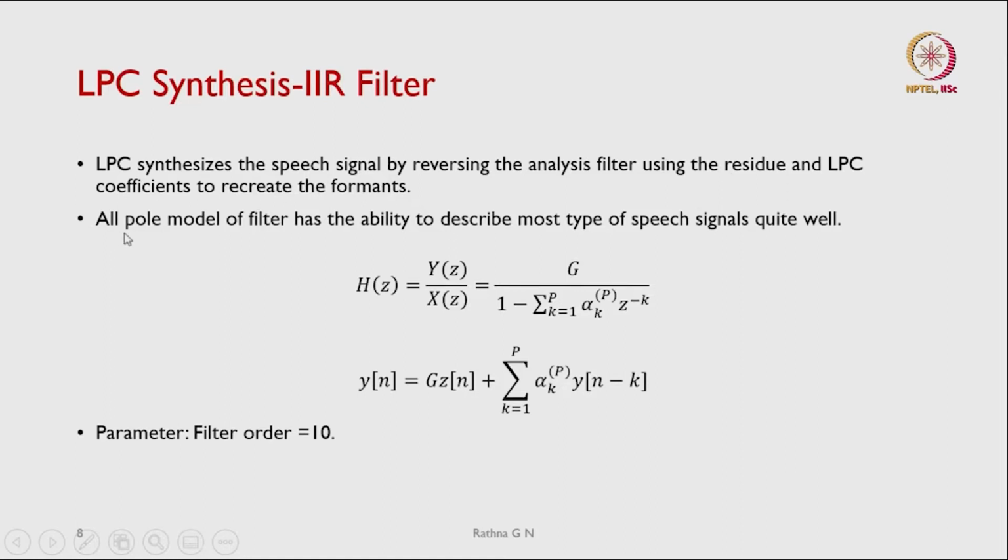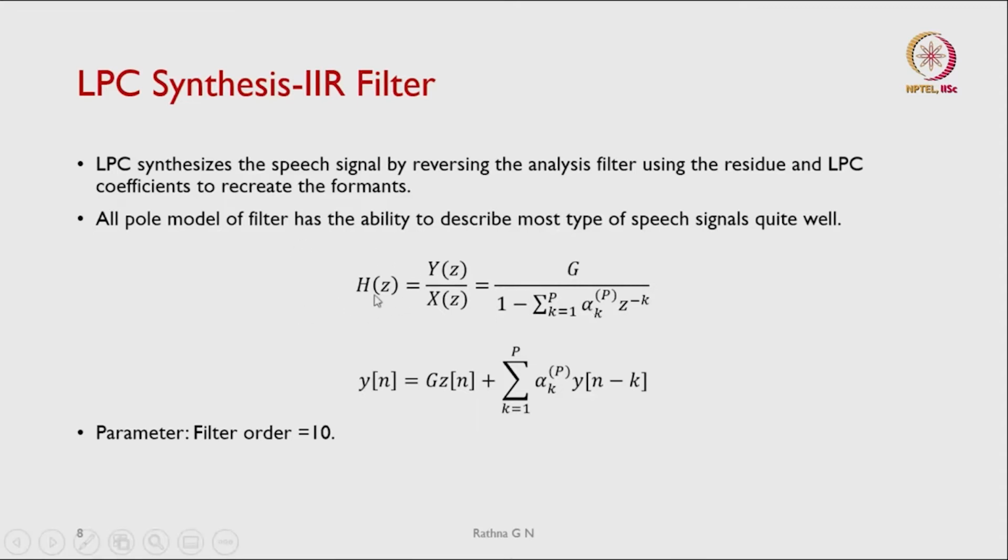So, we will be using the all-pole model of the filter, which has the ability to describe most types of speech signals quite well. Whatever zeros were in the analysis part now become poles in the synthesis part, as you will be seeing here. That is the reason why they were named A coefficients.